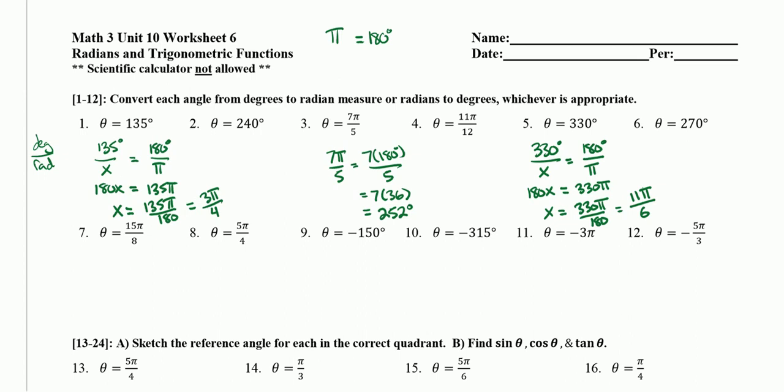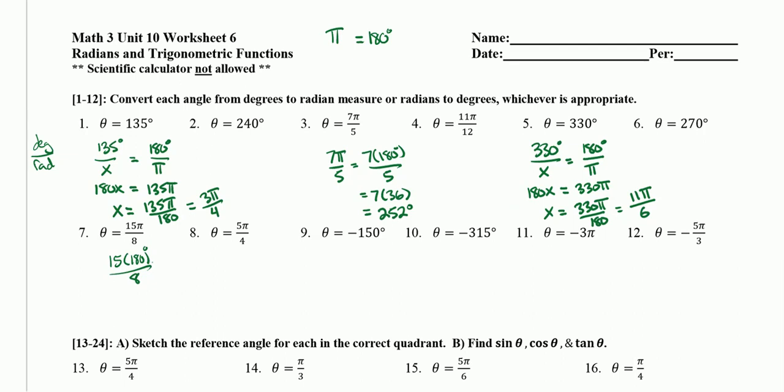Number 7, we're in radian form. We're going to convert to degrees by substituting in 180 for pi. And 15 times 180 divided by 8 doesn't work out evenly.